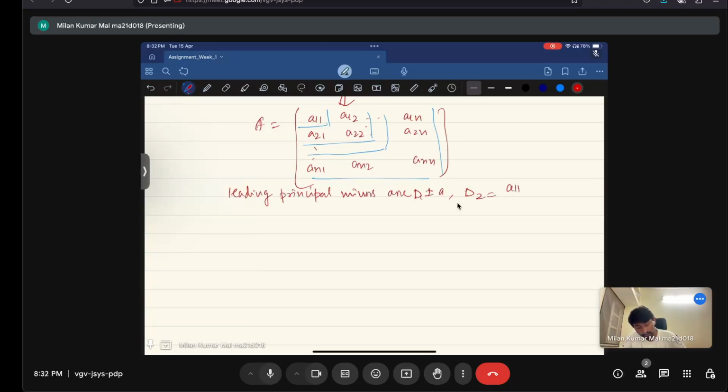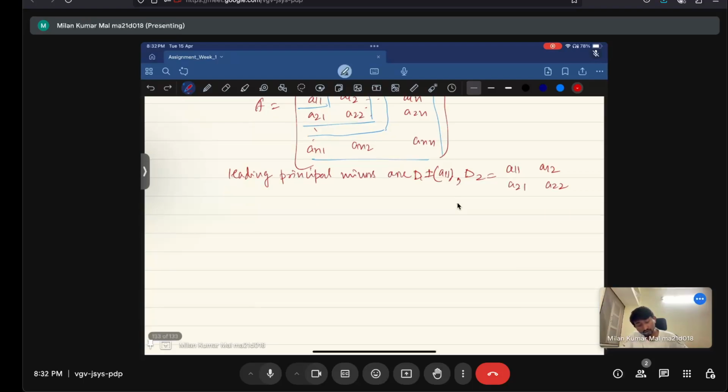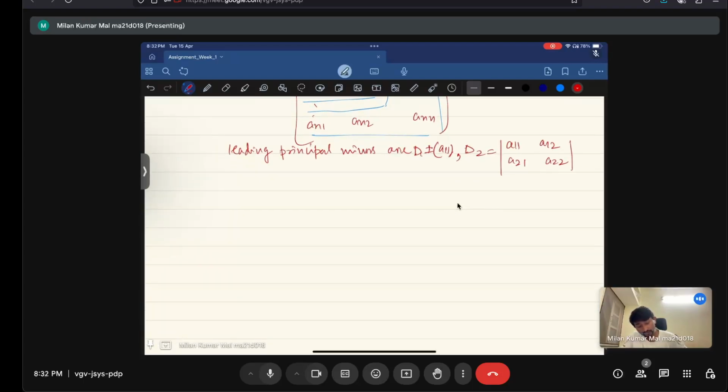D1 is equals to A11, D2 equals to the determinant of A11, A12, A21, A22. Note that for a symmetric matrix, these two terms are same. Okay, so this is the leading principal determinant we are talking about. Dn is equals to the determinant of A. So these are the leading principal minors.